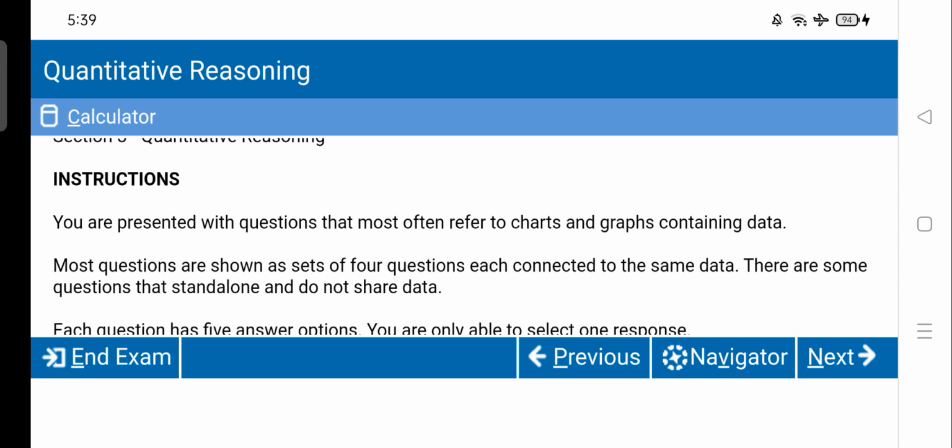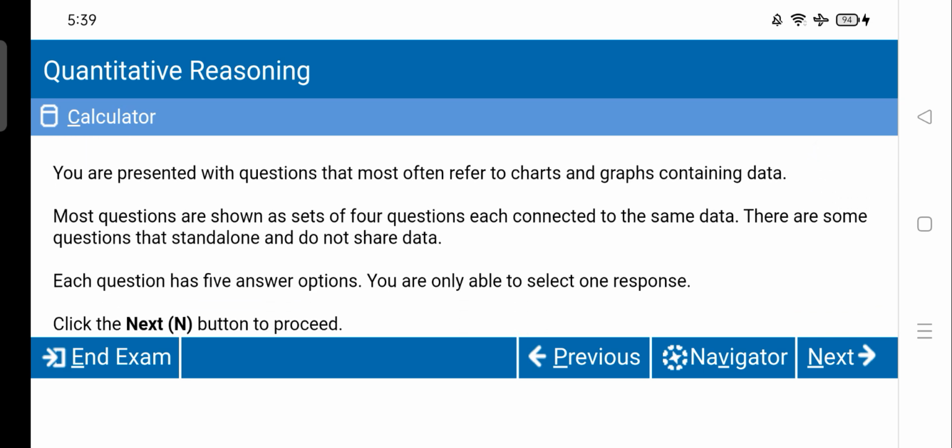There are some questions that stand alone and do not share data. Each question has 5 answer options. You are only able to select one response. Click the next button to proceed.